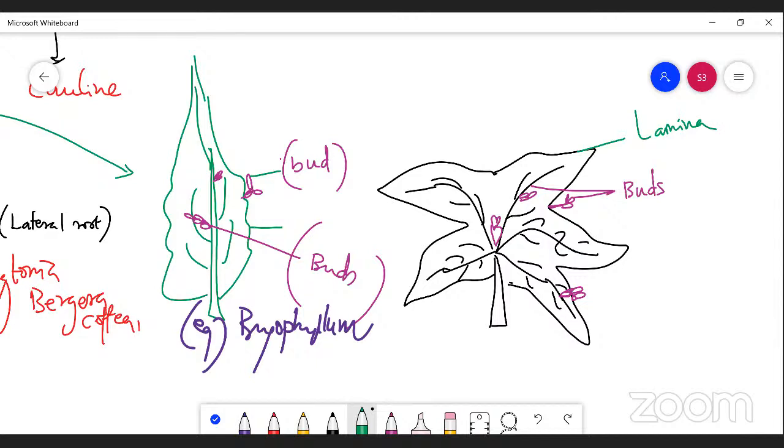In the Begonia plant, you can find buds arising from the marginal part or from the middle vein region. So it is similar to Bryophyllum. Both of them are examples of foliar buds. Next we pass on to cauline buds.